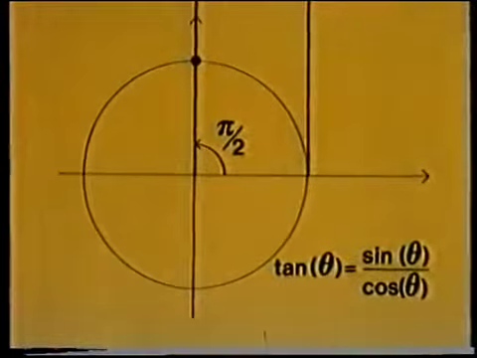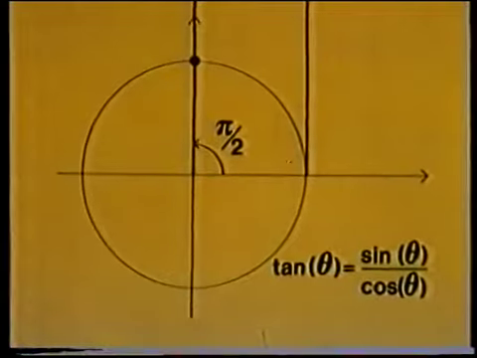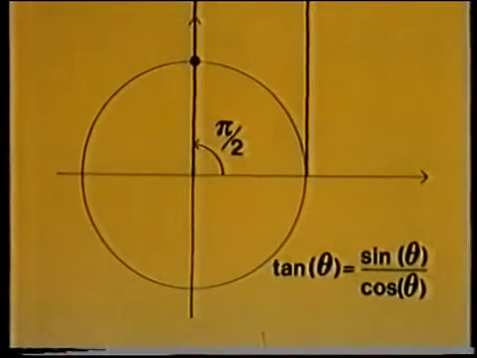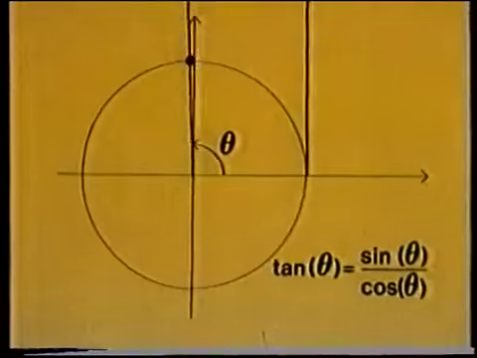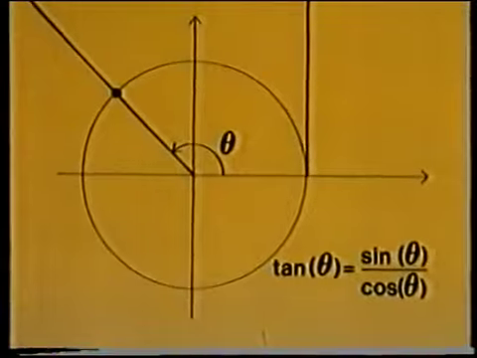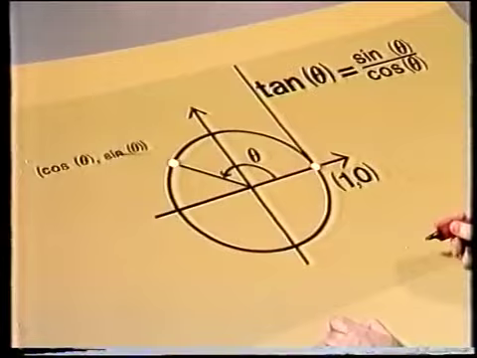If we look at the definition of tan theta, it's sine theta over cosine theta. And cosine of pi over 2 is 0. So tan pi over 2 is not defined when theta equals pi over 2. What happens if we increase theta beyond pi over 2? What's tan theta now? Well, we still divide by cosine theta to get a point whose coordinates are 1, tan theta.